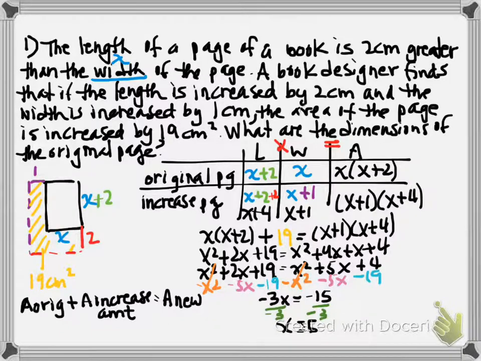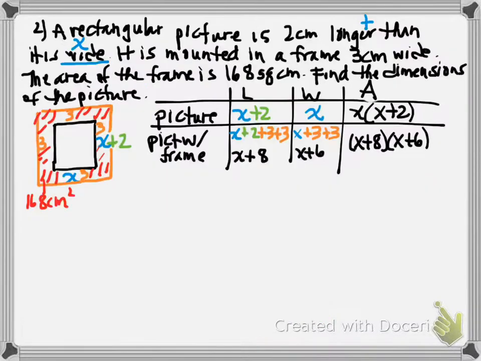So remember what our question is: what are the dimensions of the original page? There we go, it just equals 5. So what we're going to do is take this answer. So we've got the inner picture, which is the x plus 2 area.